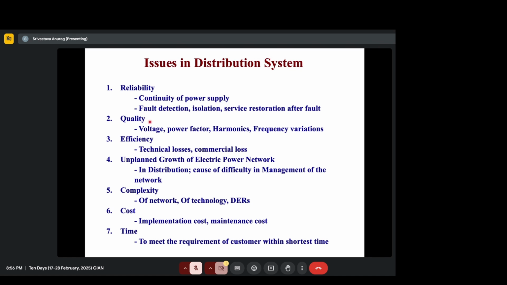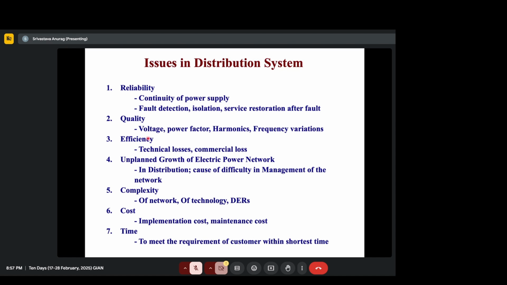Quality issues, which is power quality, because our appliances are designed to operate at certain voltage, at certain power factor. And if the quality is really bad, the life of that appliance, either it's a fridge or a TV or a mixer, will go bad. So we need to keep the power quality in control.